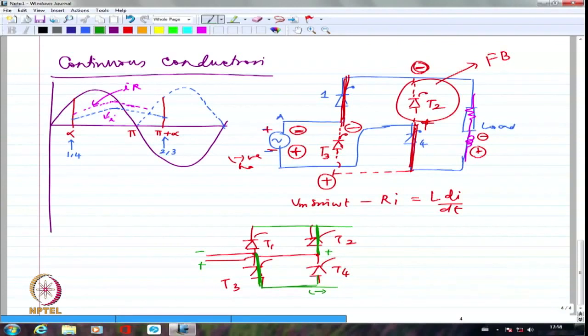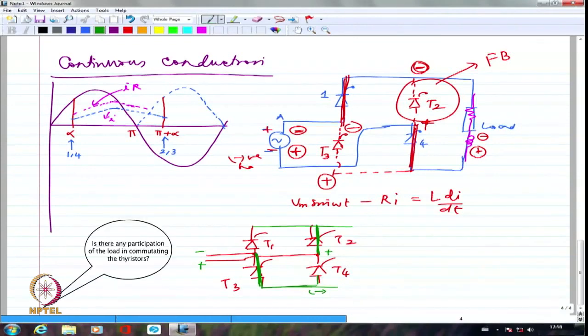So when there is continuous conduction, I assume the devices to be short-circuited. Whichever device is conducting, that is short-circuited. So the load does not really come into picture at all when I am talking about the commutation in continuous conduction. The load is completely this side. I have not even drawn it, and it doesn't matter.